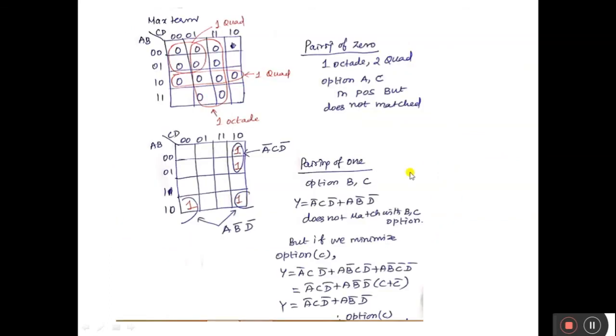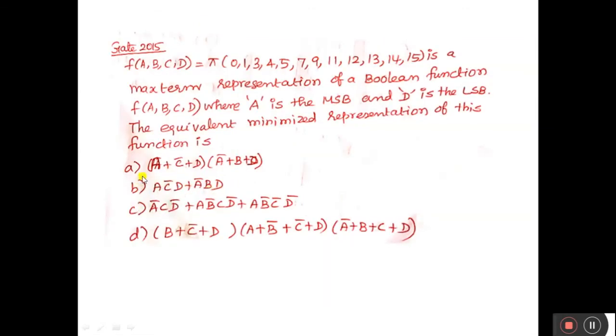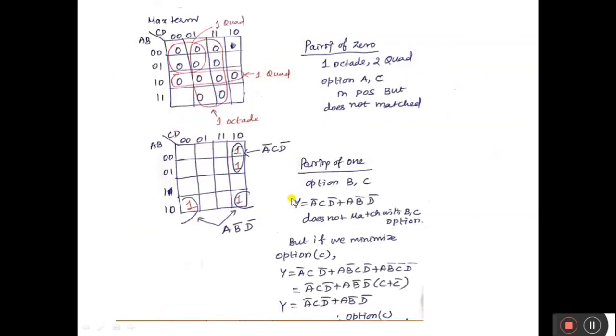Now I assume here 1. If I minimize, I will get A bar C D bar. For this one, A B bar D bar. So if I combine these two by OR, A bar C D bar plus A B bar D bar, this answer also does not match with the given options B and C. But if I minimize option C, I can get the solution.